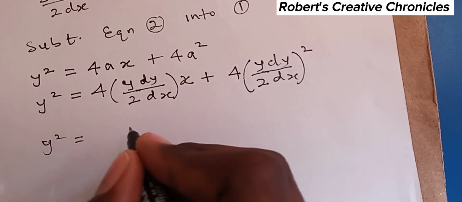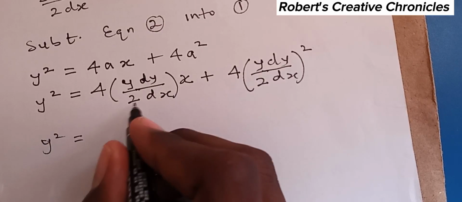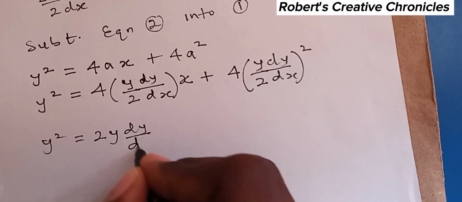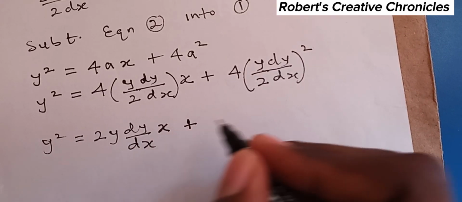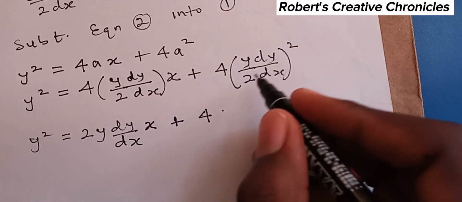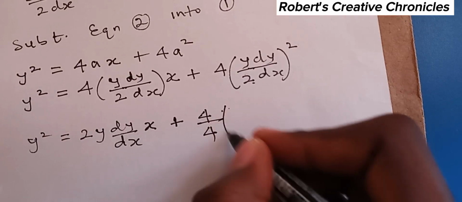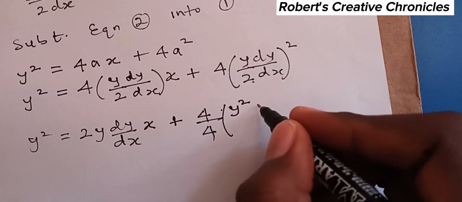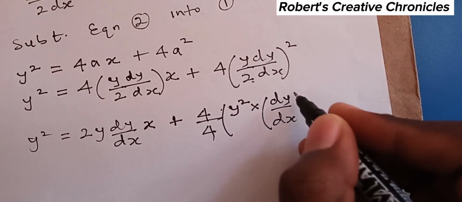So open the bracket. What will we get? This 4 will divide by 2, so it will become 2y dy/dx, and there's also an x here, plus this one we will square, so it will become 4 outside. So this one will become y squared times dy over dx squared.